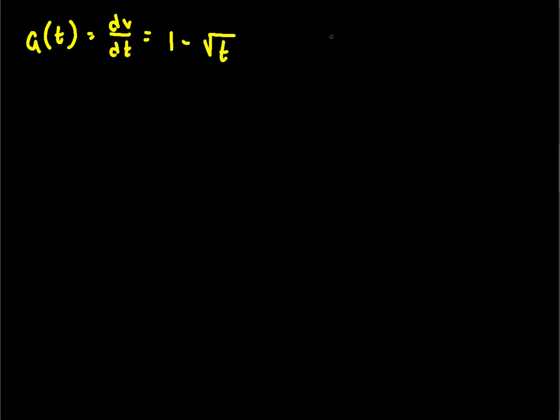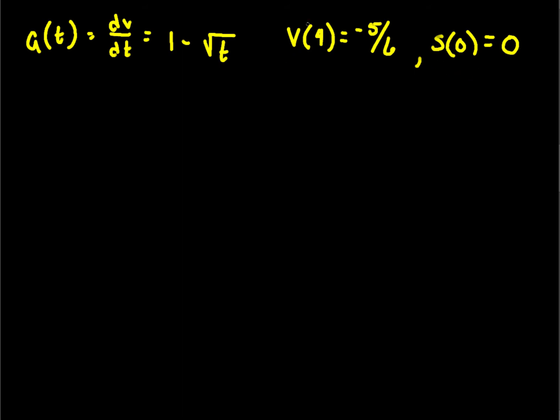And we know that velocity when time is 4 is equal to negative 5/6. And the initial position, so position when time is 0, is 0. So given those two bits of information, let's find the position function.